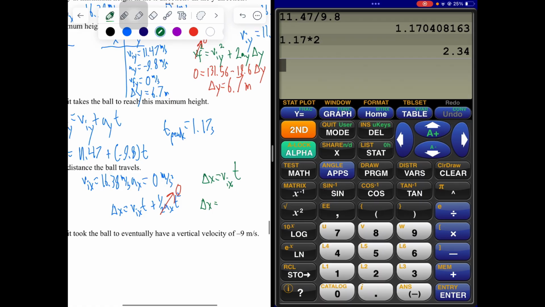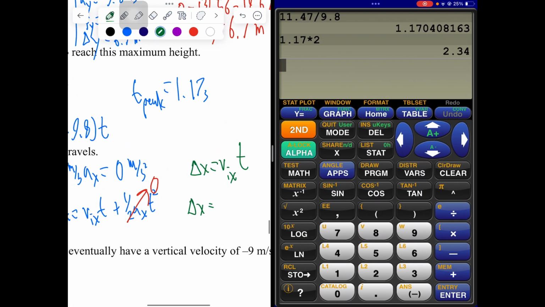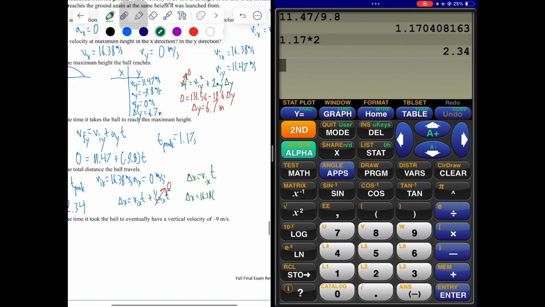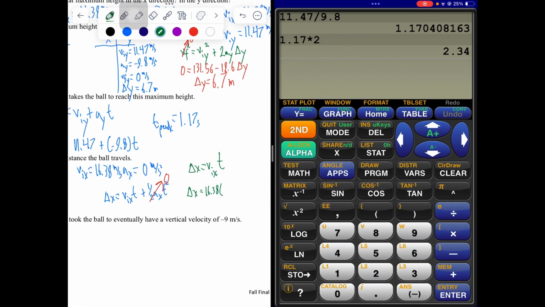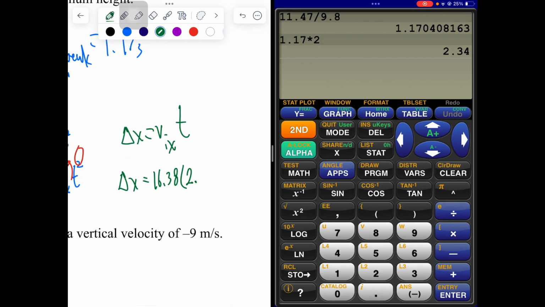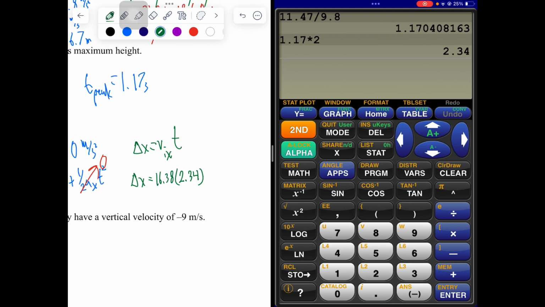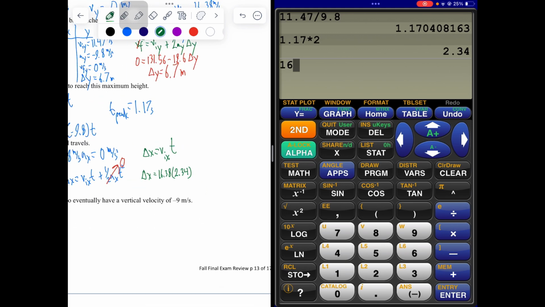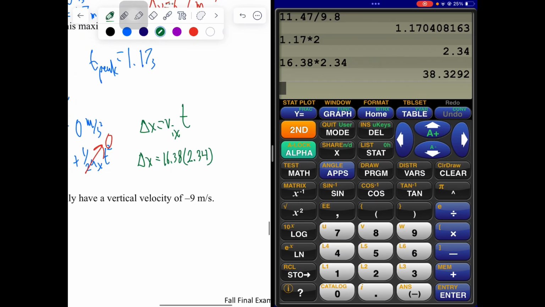Initial velocity in the x, 16.38. We want to use the total time here, so 2.34 seconds. 16.38 times 2.34 seconds gives us a delta x, 38.33.